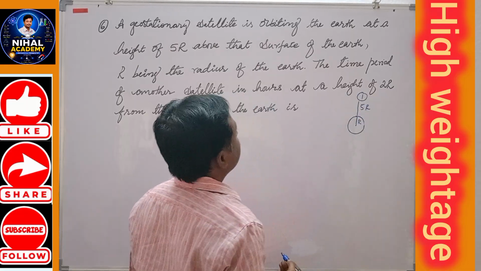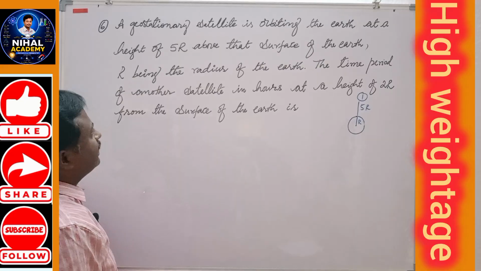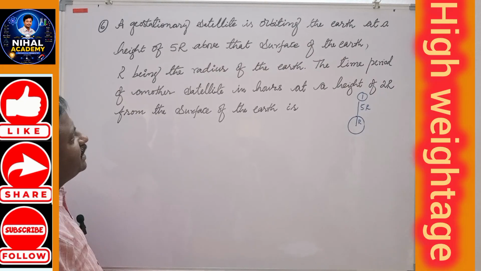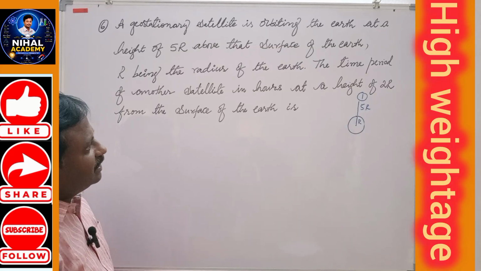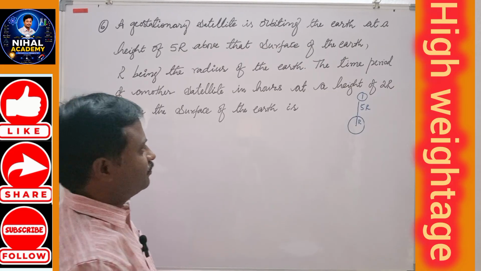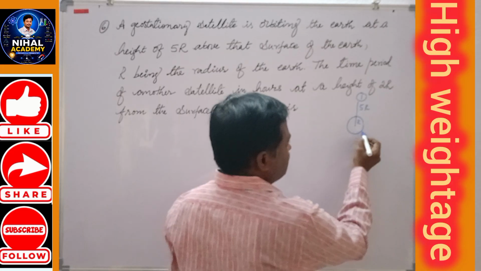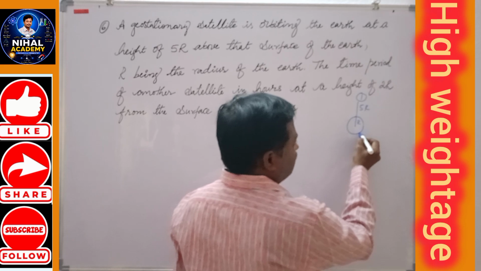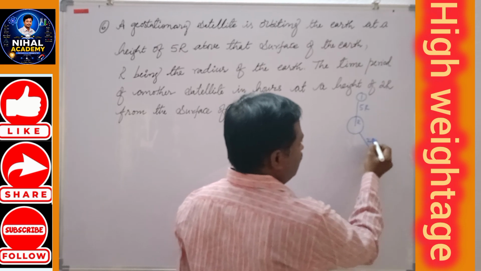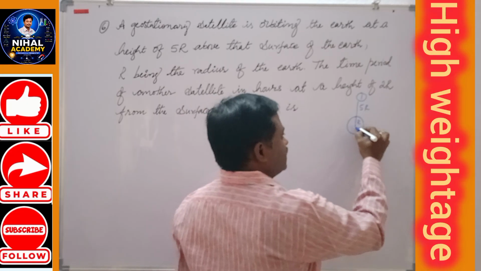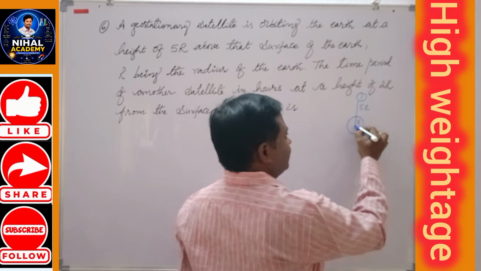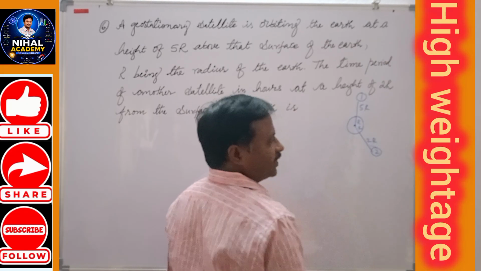This is the first satellite, R being the radius of the earth. Find the time period in hours of another satellite at a height of 2R from the surface of the earth. The second one is at 2R distance from the surface, so this is the second one.